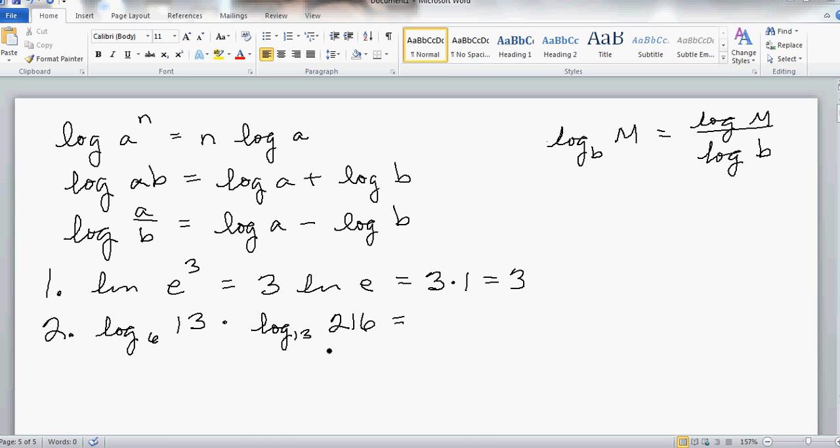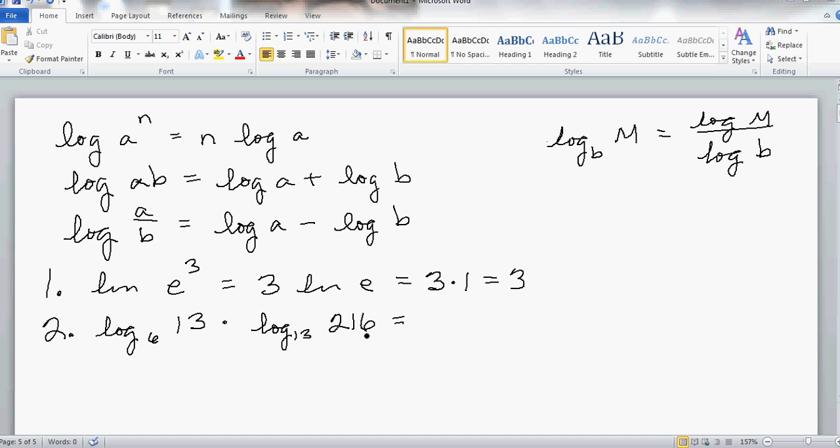Let me check real quick to see if 13 goes into 216 evenly. No, it doesn't. So basically, there's the exact value. There's no way we can simplify this because we can't change 13 into a power of 6. We can't change 216 into a power of 13. So this is pretty much as far as we can go.